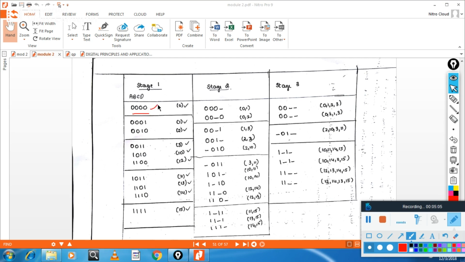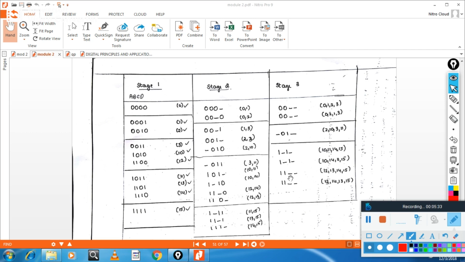This min term you have to include only when the output of this one is 1. We know the output of this term is 1, that's why we have included it. Otherwise, simply don't include. The second one is 1 number of ones. The third one is 2 number of ones, here 2 numbers of ones, here also 2 numbers of ones. The fourth group is 3 number of ones, and the last group is this one.